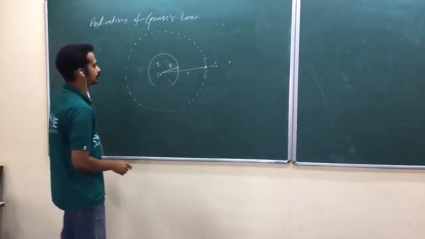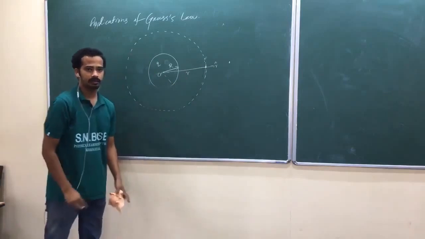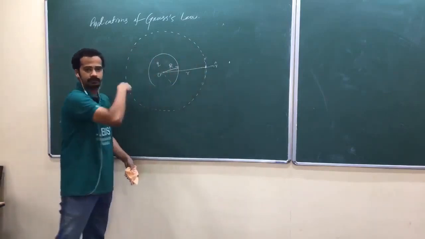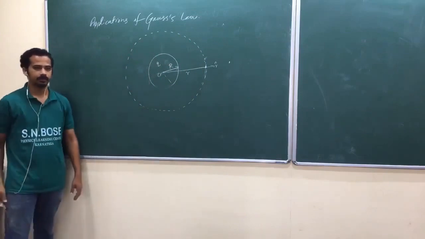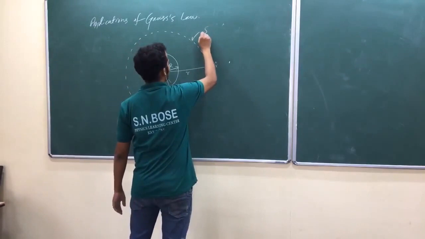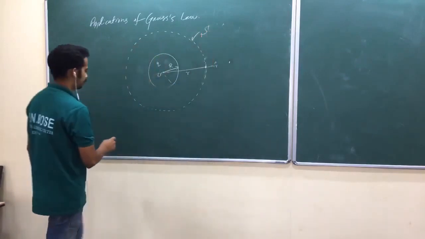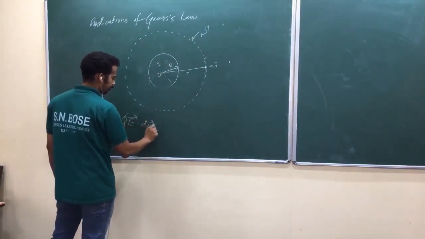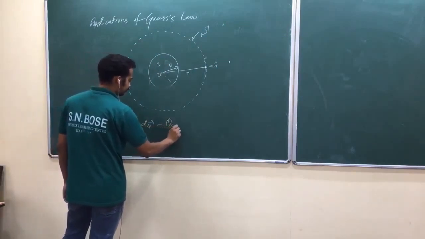A spherical surface with radius small r. Why have I taken it like that? Because I need the electric field at this point. My surface should pass through that point, remember. Is that okay? So then I am going to take this as my closed surface and I am going to apply my Gauss law. E bar dot dA bar is equal to Q enclosed by epsilon naught.